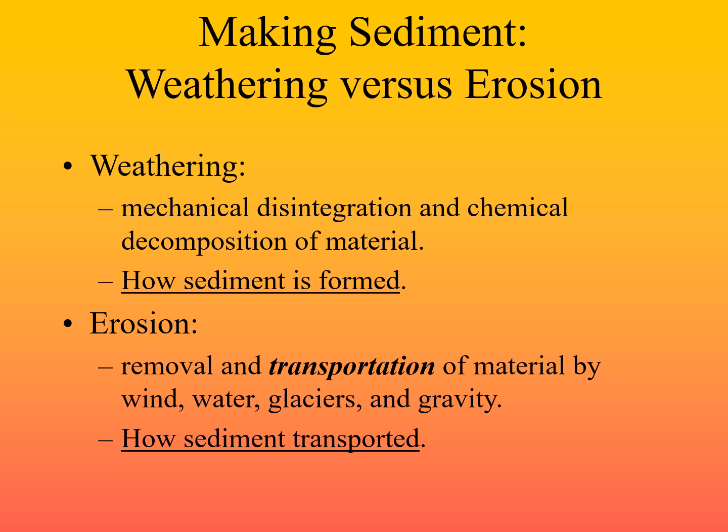I encourage you to click on these links and look at some animations of how these two processes are different. But the main takeaway here is that weathering is the actual breakdown of the rock. Erosion is what happens to that material after it's been weathered.